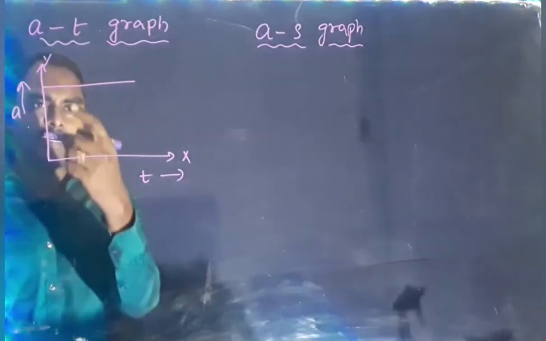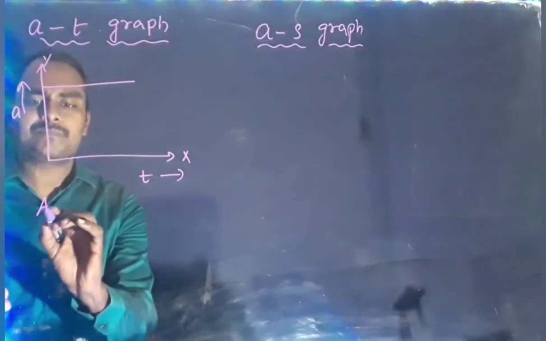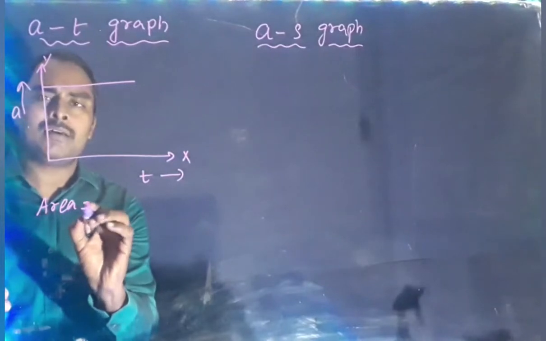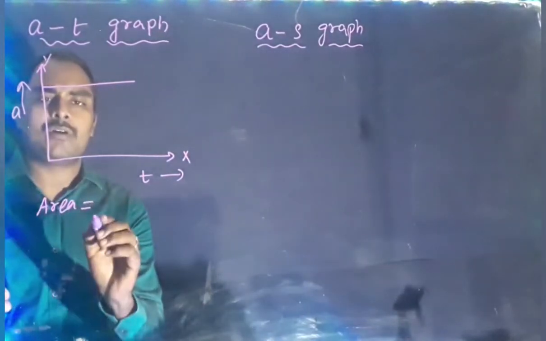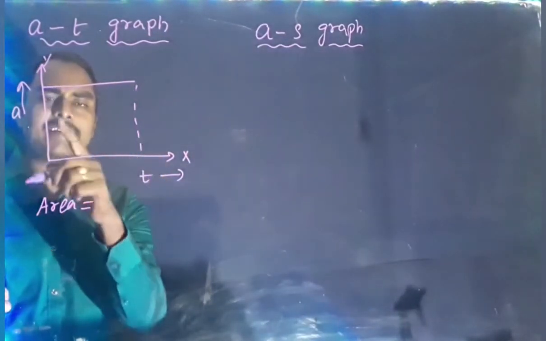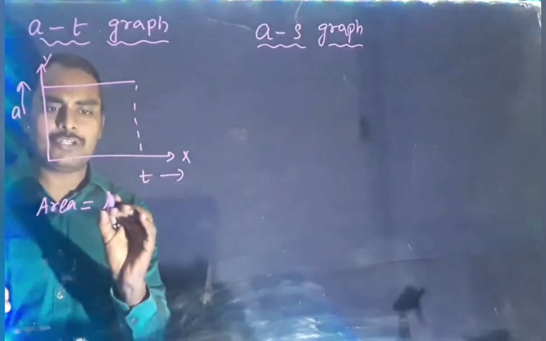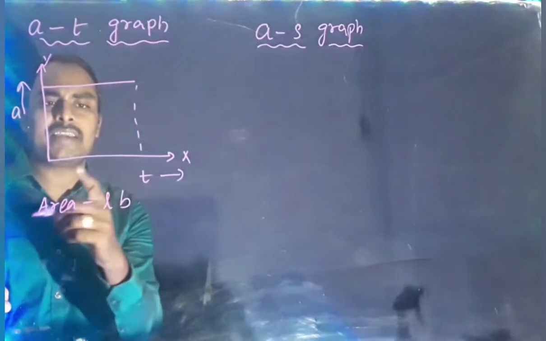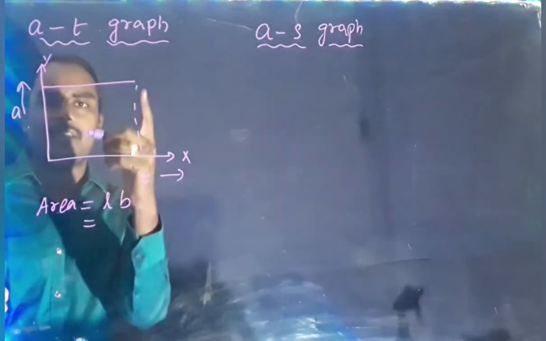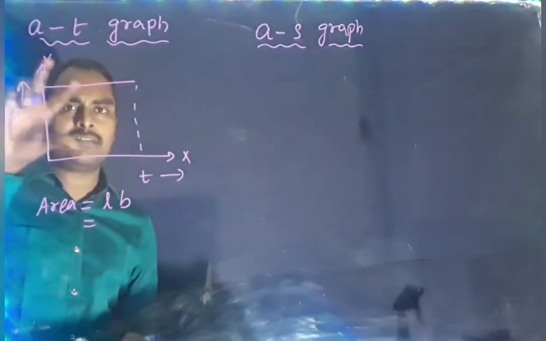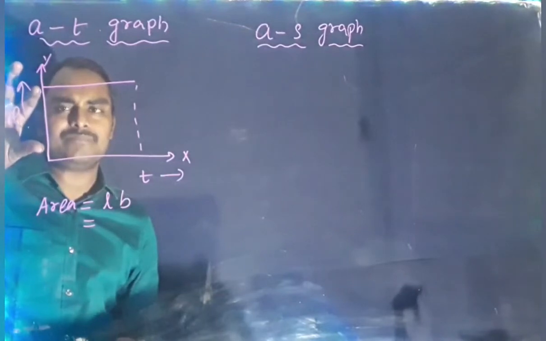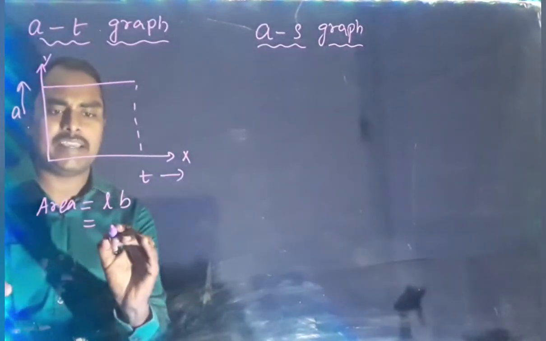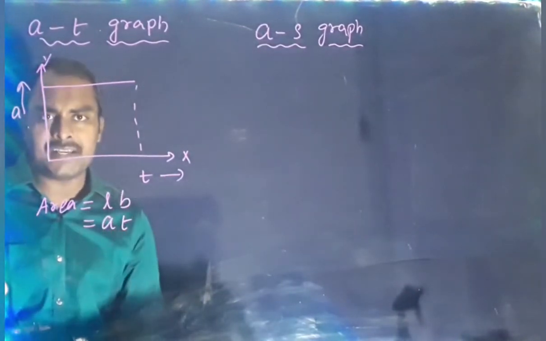Now let us calculate the area. The area under the acceleration time graph is also a rectangle, length into breadth. Length is t, and breadth is a. This is a, this is t. a into t is the area.